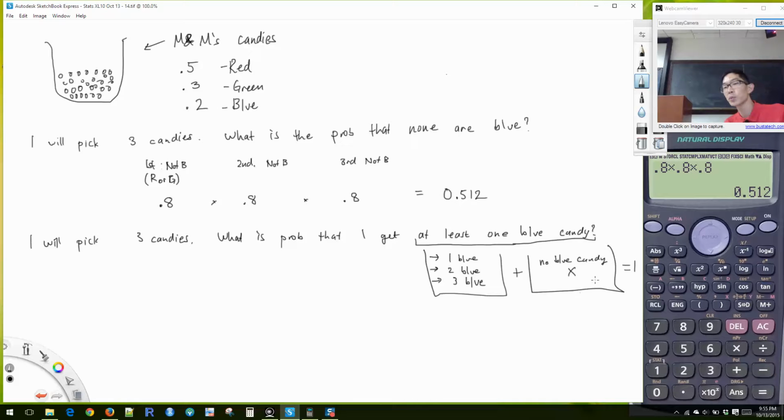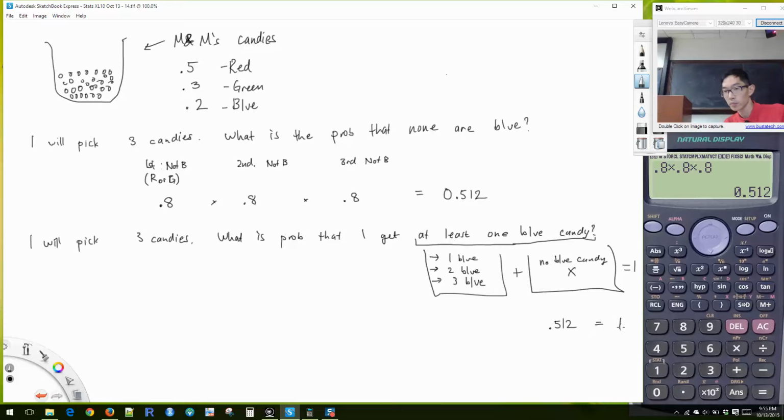Do I know the probability of getting no blue candies? Yes. And what's that answer? 0.512. I will pick 3 candies. What's the probability that I get none that are blue? That's no blue candies after 3. I know this thing is 0.512.